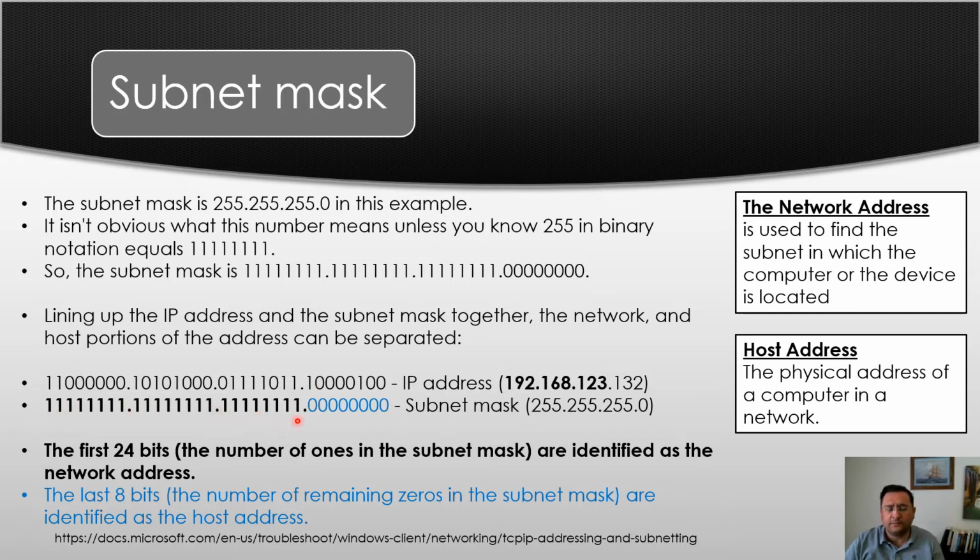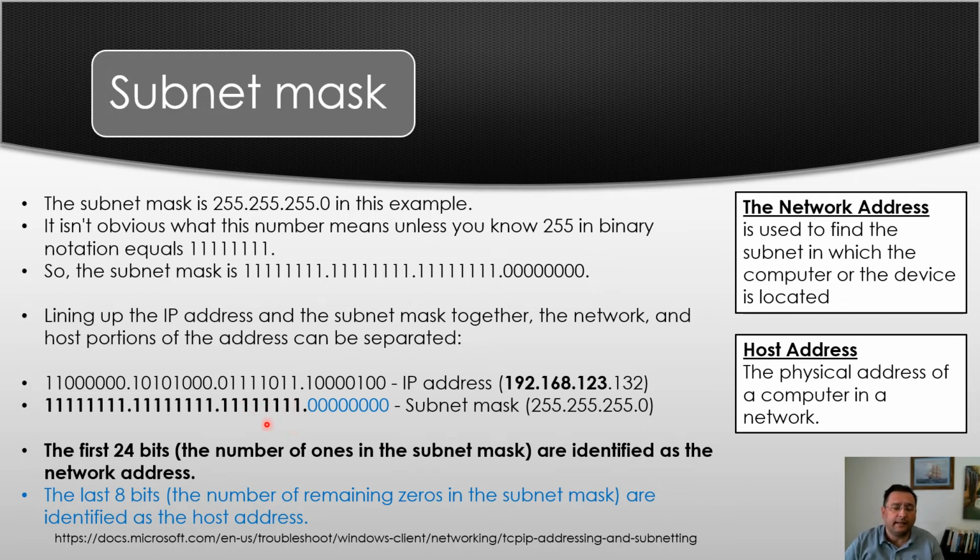What this means is that the first 3 octets of the IP address represent the network address, which is used to find the subnet in which the computer or the device is located.